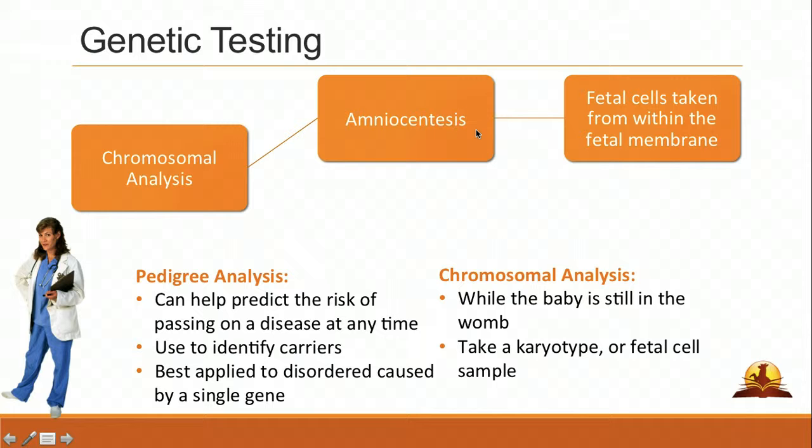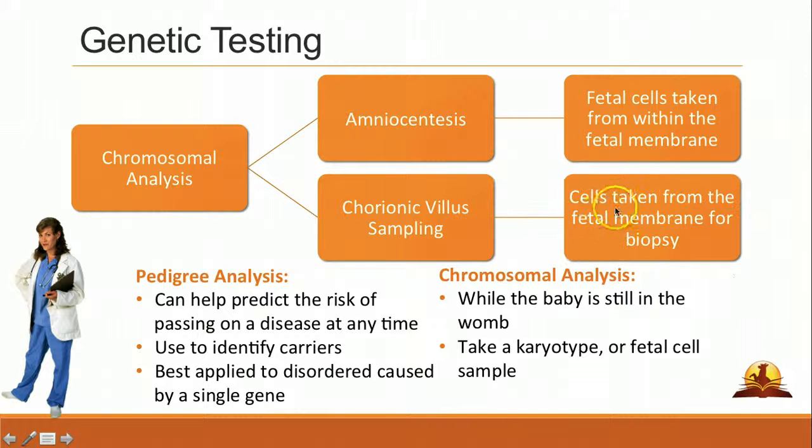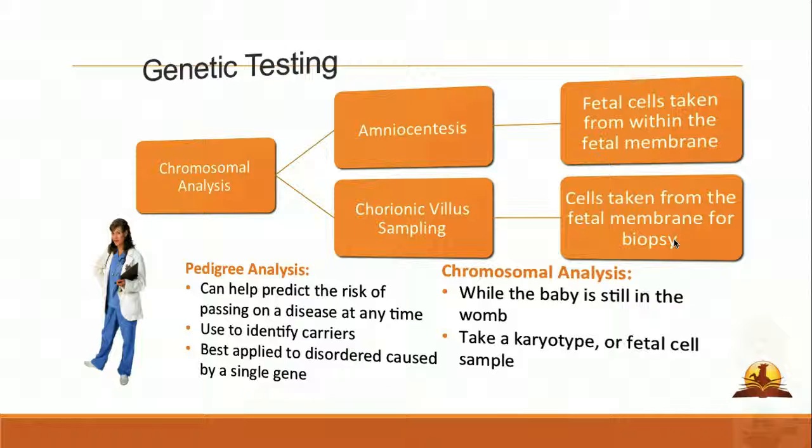You may have heard of the amniotic fluid. They take the fetal cells from the fetal membrane. The other one is called chorionic villus sampling, in which the cells are taken from the fetal membrane for a biopsy. So they take it and then do a biopsy on it. These are the two types of chromosomal analysis: amniocentesis and chorionic villus sampling.